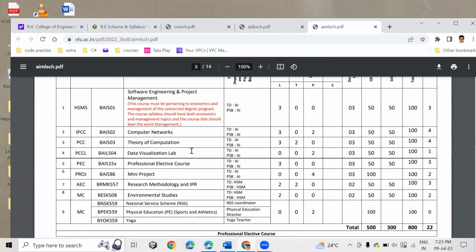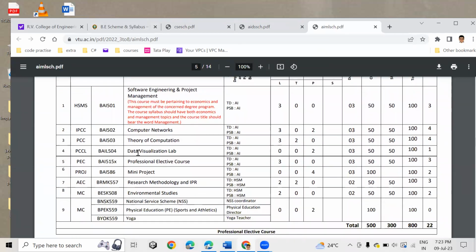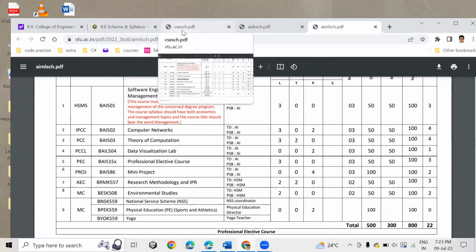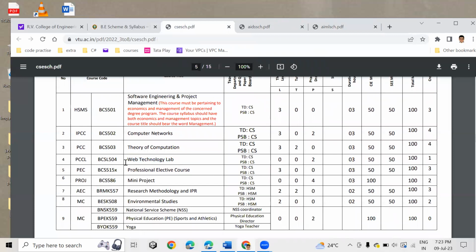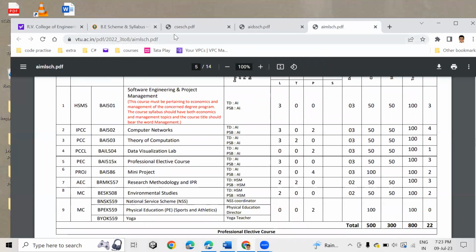And if you go for this one, again you have the data visualization course over here as well. According to me, the subject concerned with full stack is web technology, which is not being taught in the others.